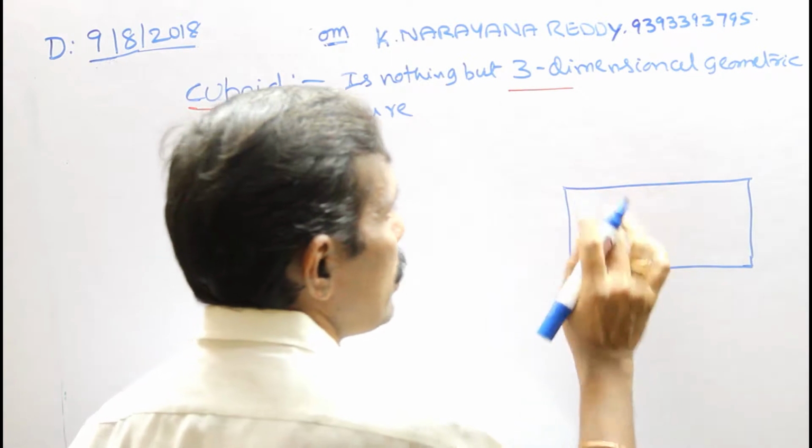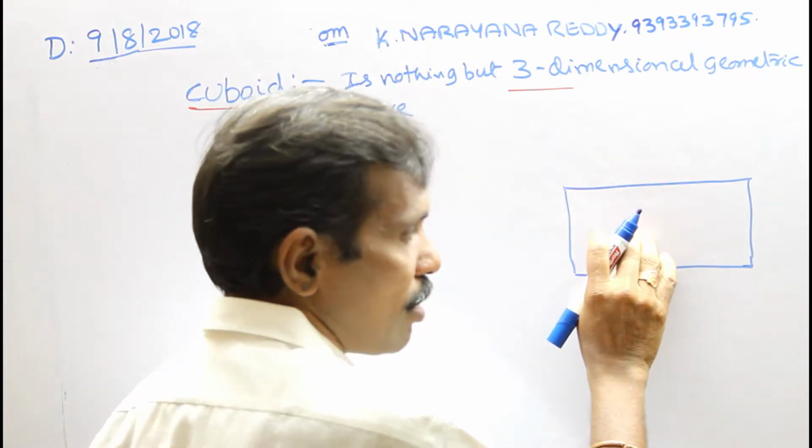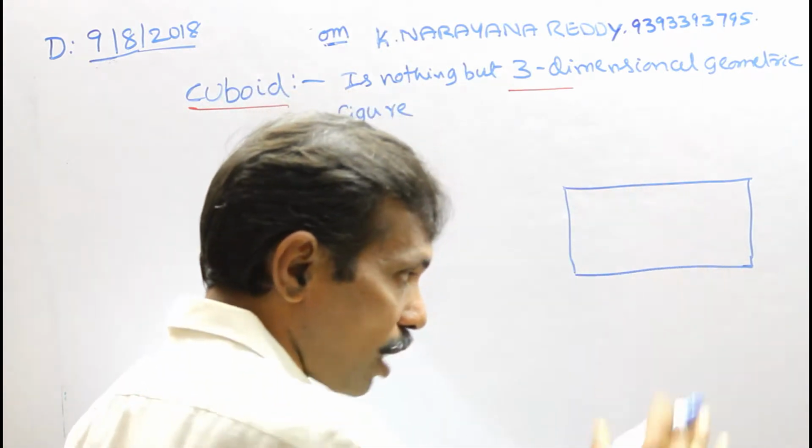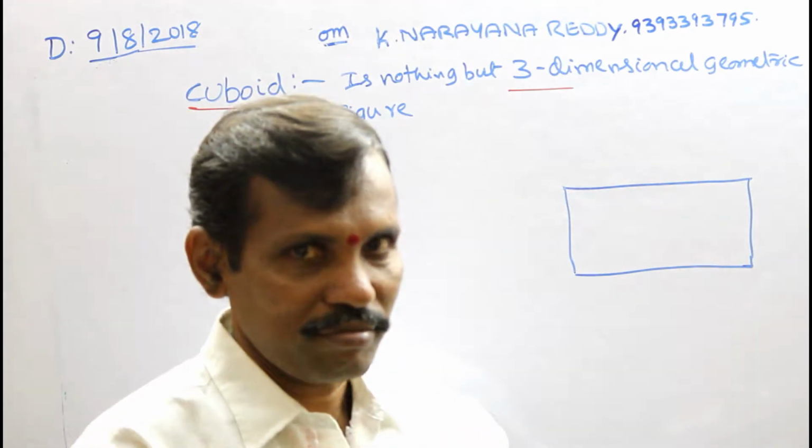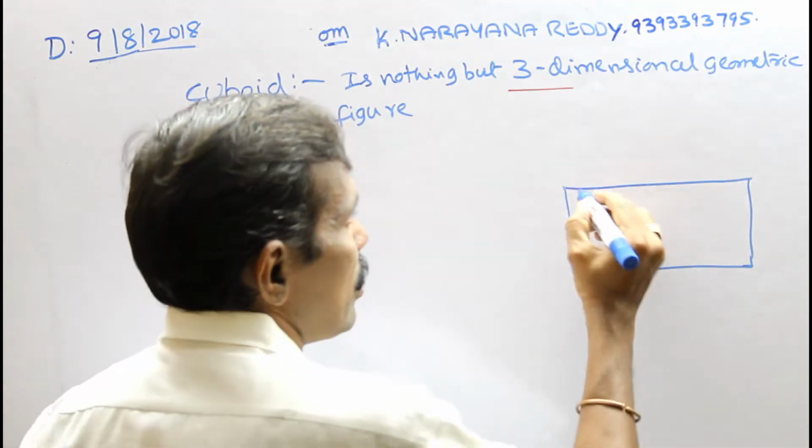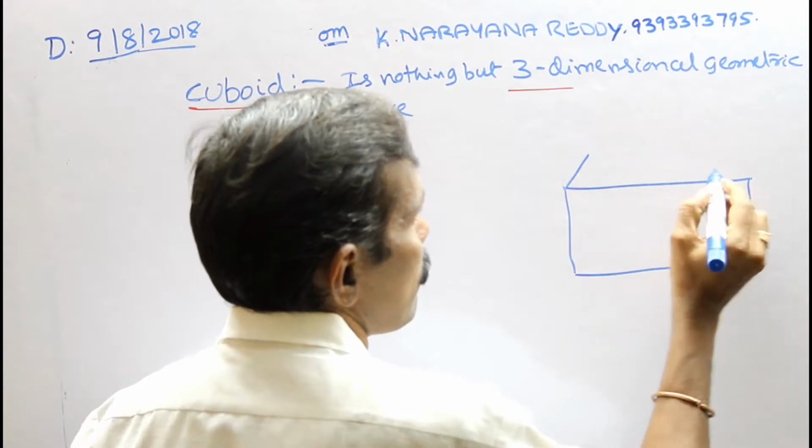Okay. So this is a rectangle. This is two-dimensional. Now I want to convert this into three-dimensional. How to convert? Take this one.